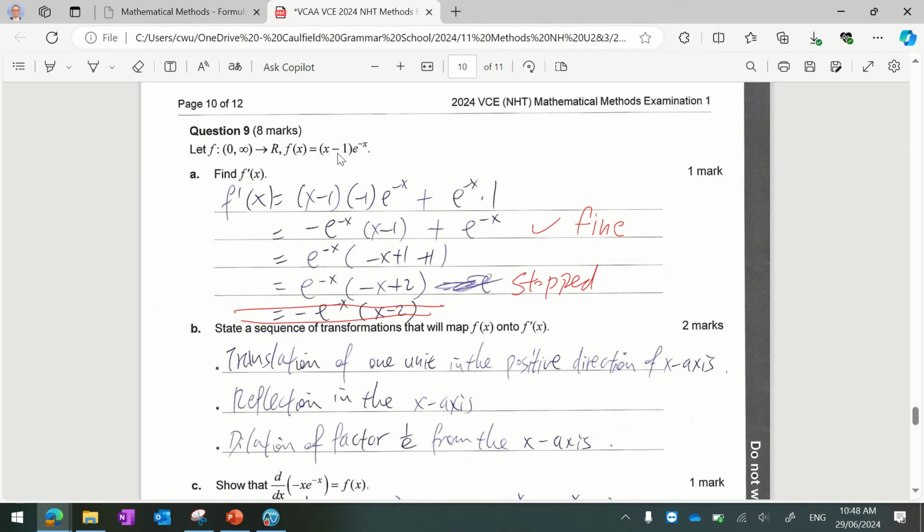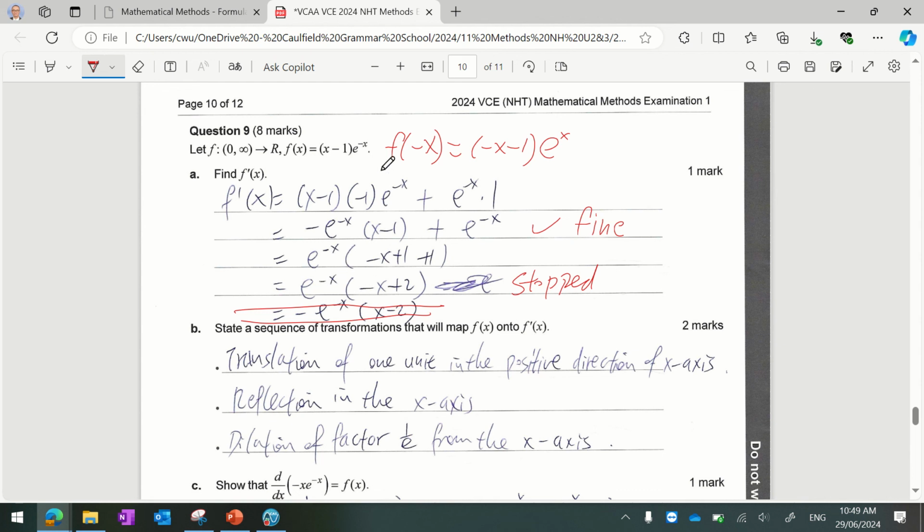And if I do a dilation, if I substitute negative x into my function, it is also going to be opposite signs, negative x and then positive x. And that's a problem because with my first answer for question A, the signs of x are the same. So the first time x appears is negative. The second time x appears is also negative.